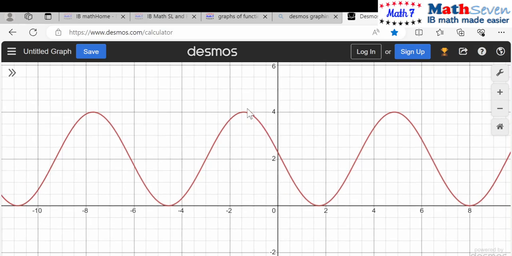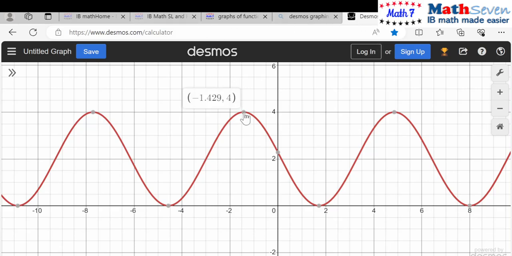So again, this is the graph, it took it up to 4 and down to 0. And this is the line where the graph is oscillating around, which is y equals 2. And then the graph is taken 3 steps to the left.